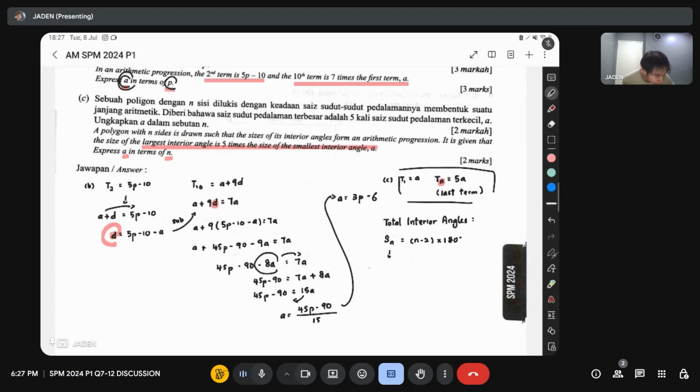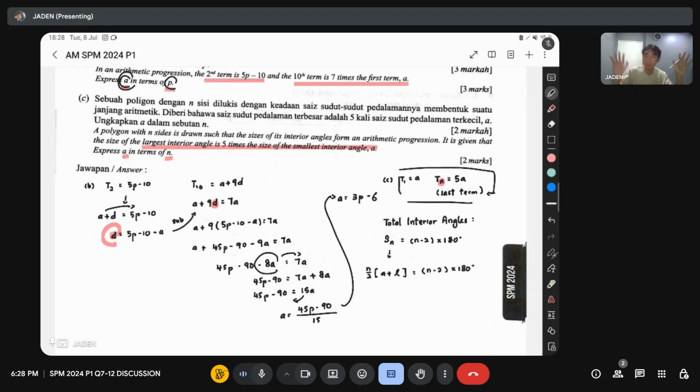One of the formulas is n divided by 2 times a plus l, where l stands for last term. This formula is only applicable when we have the last term in our hand. So n divided by 2 bracket a plus l is the same as n minus 2 times 180.